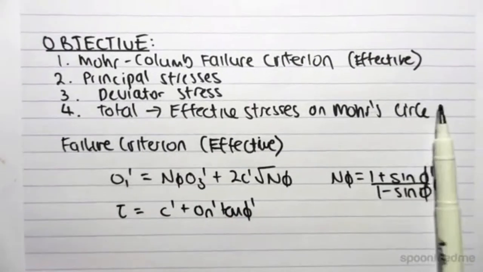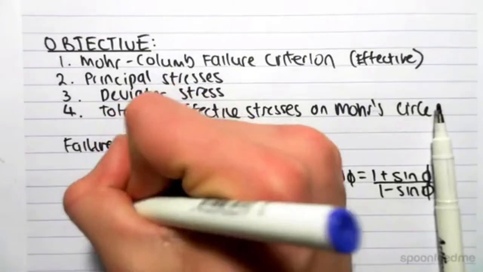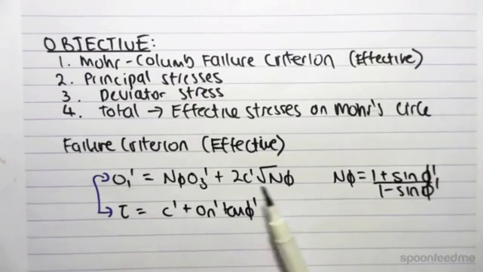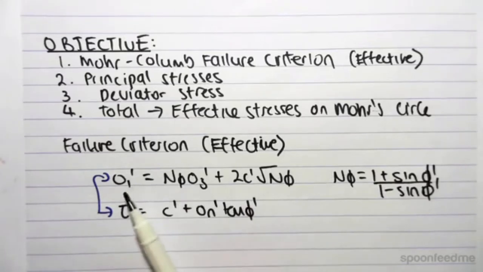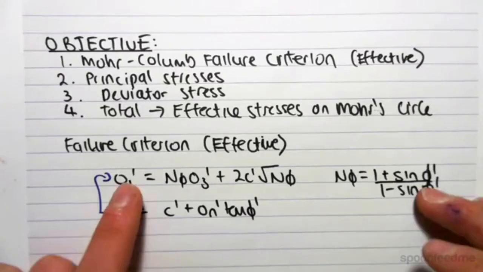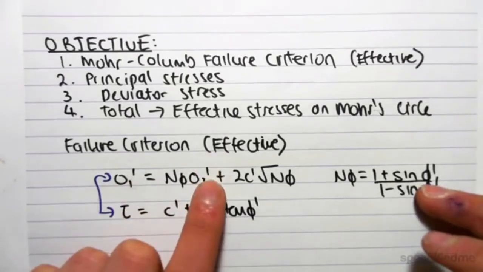These equations are saying very similar things: one is relating principal stresses to friction angle and cohesion, whereas the other is relating the actual normal and shear stress at the plane of failure. They're different because the triaxial test gives us principal stresses, sigma 1 and sigma 3, whereas the shear box test gives us the shear and normal stress on the plane we're looking at. So that is the failure criterion, and we will normally be using effective.